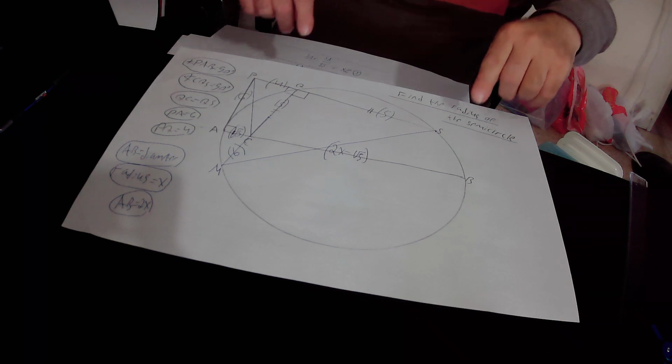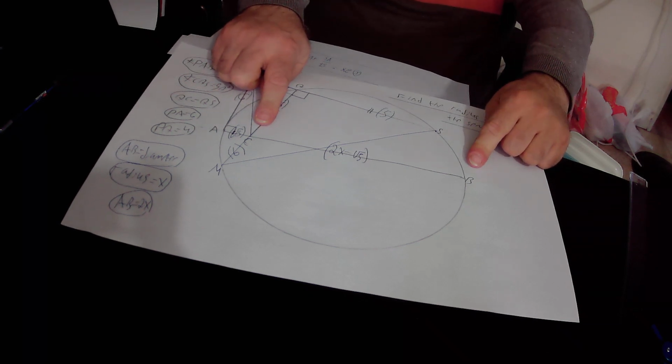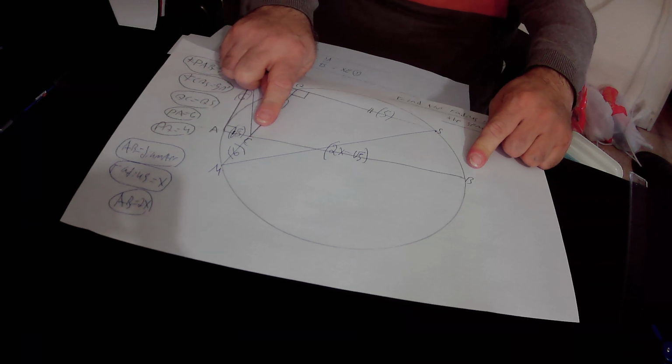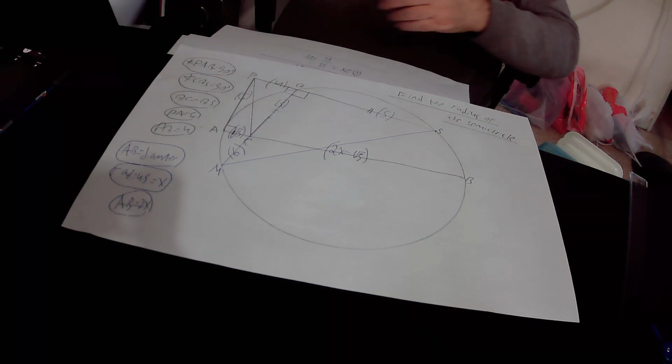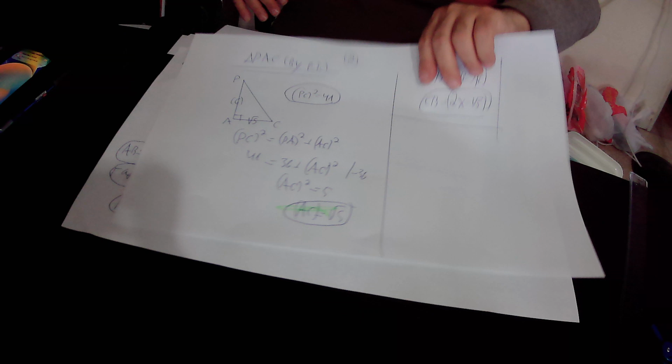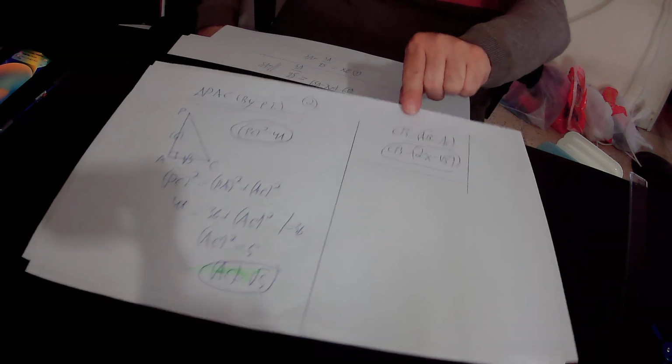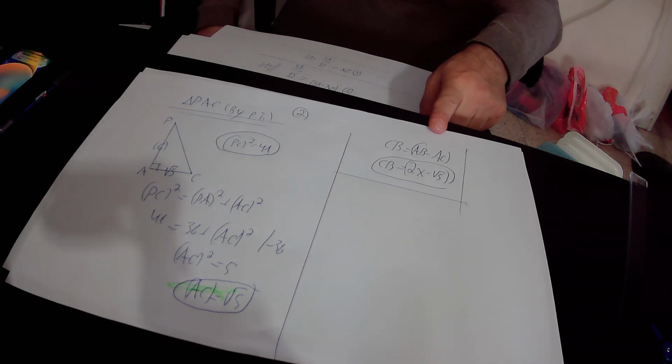So what is the length of line segment CB? From the drawing it is very easy to see that CB equals AB minus AC.